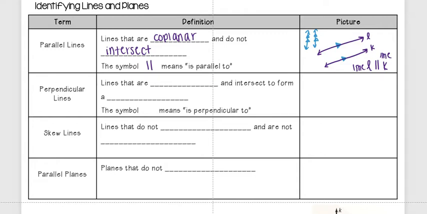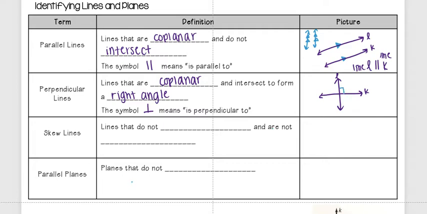Perpendicular lines, on the other hand, are lines that are coplanar again, so they're on the same plane, and they intersect to form a right angle. The symbol we use to represent that is this symbol right here, kind of an upside down T. If you were to see two lines are perpendicular, say line L and line K again, that will be marked in the diagram with this box right here.